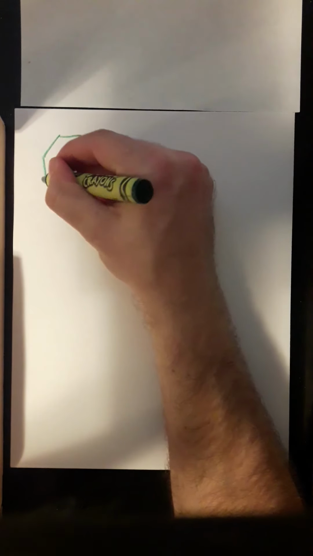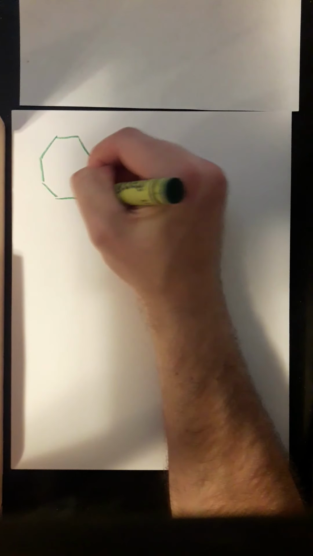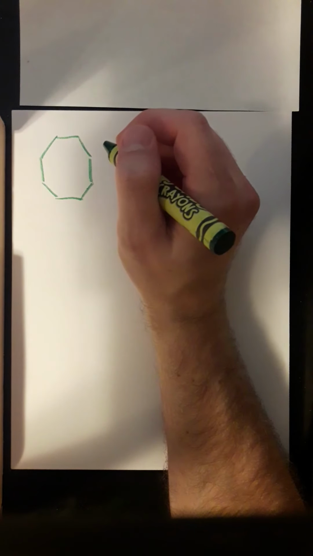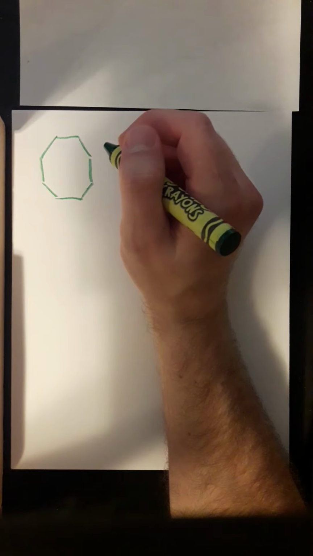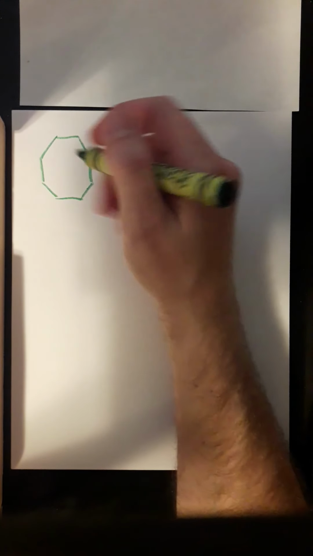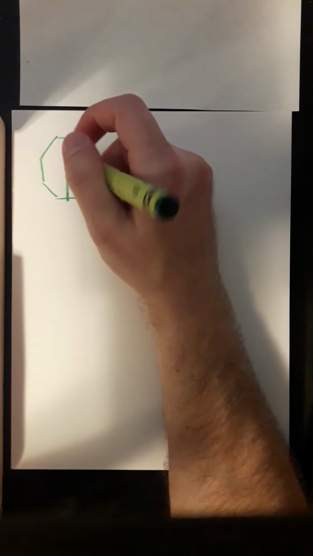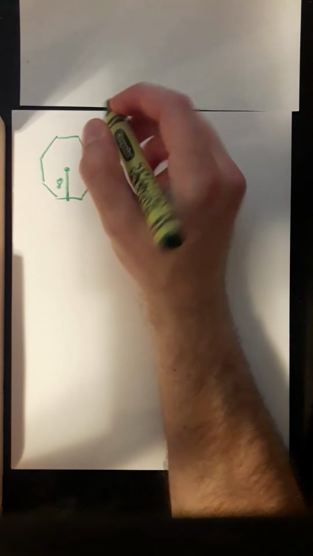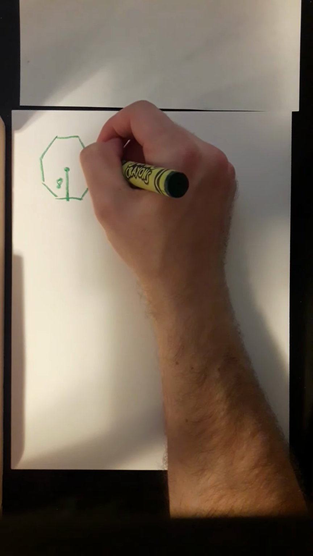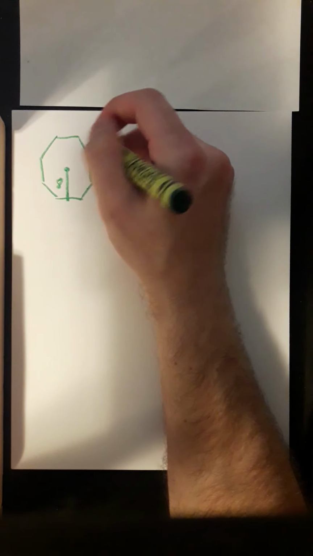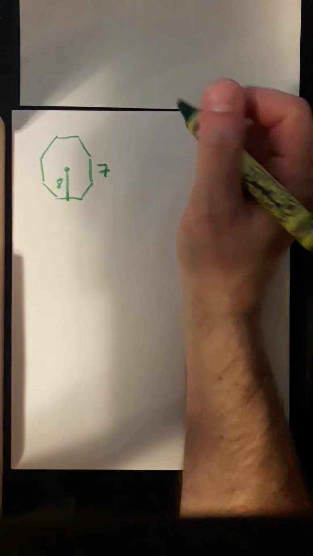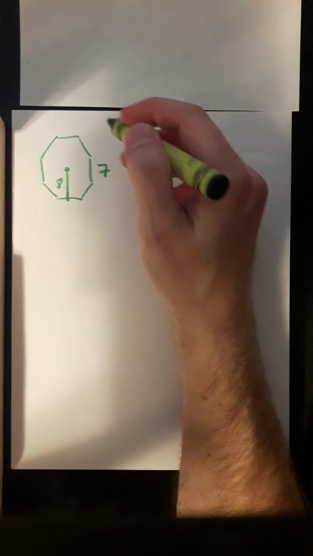Okay, so let's say they give you something like this. They say, find the area of the regular octagon to the nearest hundredth. And they tell you that the apothem is 8, and the side length is 7. How many sides does it have?